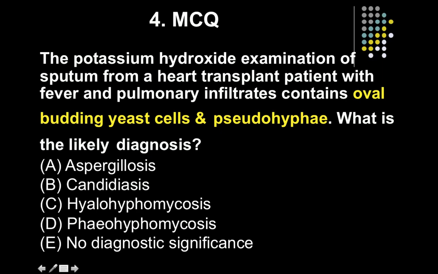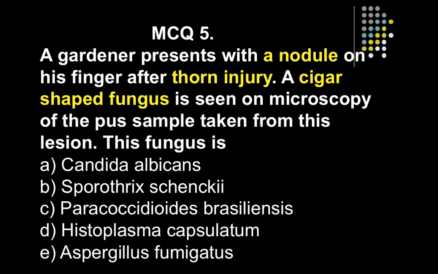The fourth is a patient with a heart transplant, and the pulmonary infiltrate contains oval budding yeast cells with pseudohyphae. Dr. Nadia has done this fungus in detail, so you should come up with the correct answer. Then there's a gardener presenting with a nodule on his finger after a thorn injury, and a cigar-shaped fungus is seen on microscopic examination of the pus.